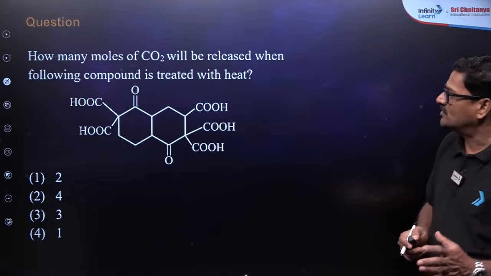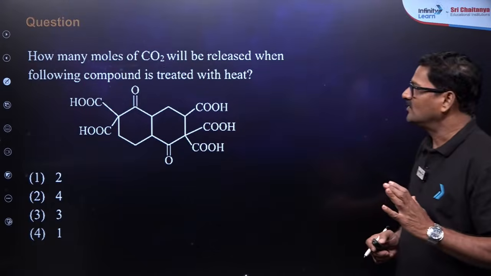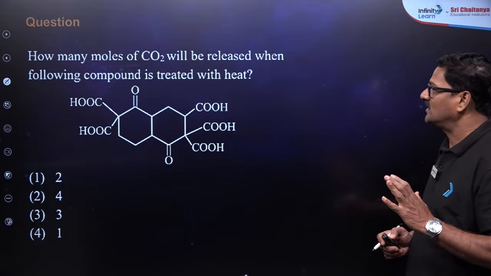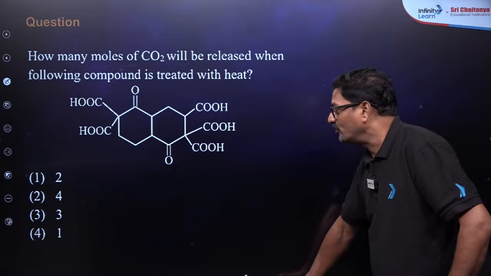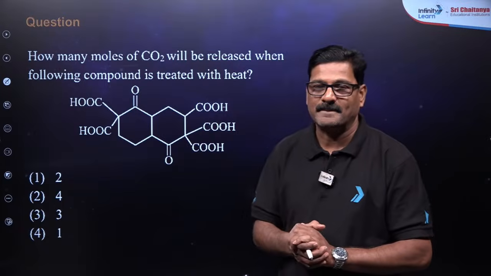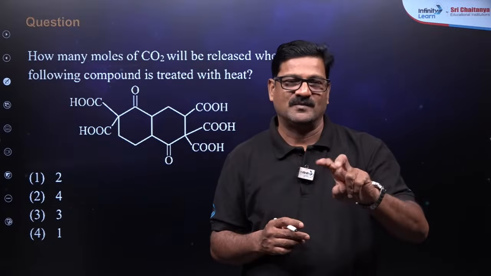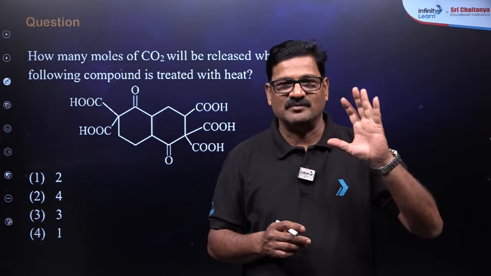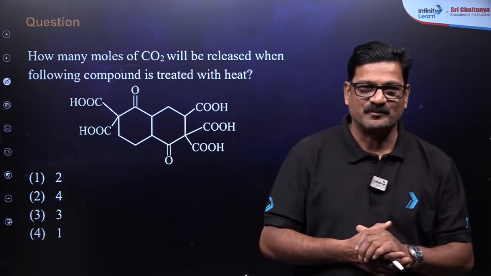Now one more question over here. How many moles of carbon dioxide will be released when the following compound is treated with heat? When two carboxylic acids are together on the same carbon atom, on heating, decarboxylation takes place.